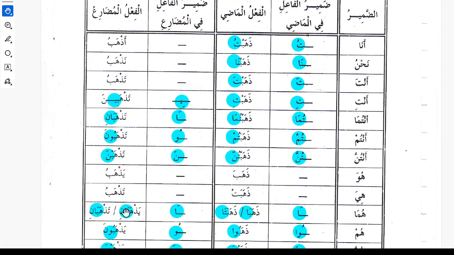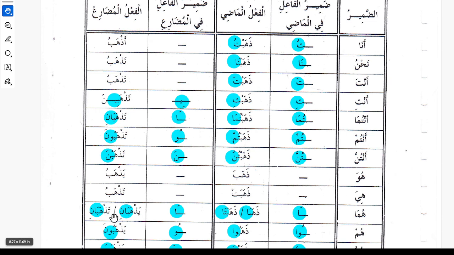So when you see alif, you will understand that it is talking about two people, huma, third person dual. So yazhabu, he goes.